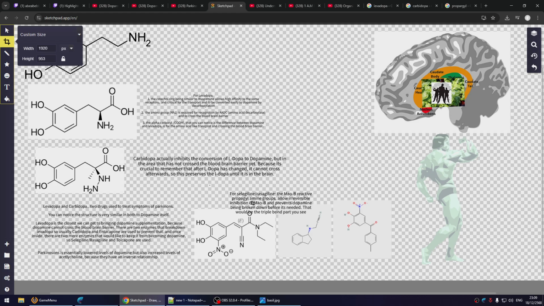So the enforcers for that would be selegiline, rasagiline, and tolcapone, which you would see here. And for selegiline and rasagiline, you would see the propargyl amine groups, which would be the triple bonds you see, and these keep the levodopa from being broken down in the brain before it's actually used in the basal ganglia as it's needed.